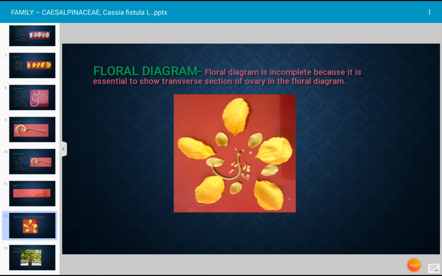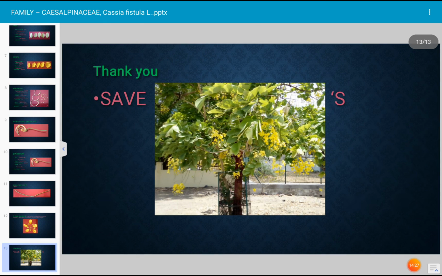But just to create interest of students towards taxonomy, we have given this photograph of the floral diagram, but it is incomplete. Whenever you need to study the floral diagram of Cassia fistula, follow the books, okay.